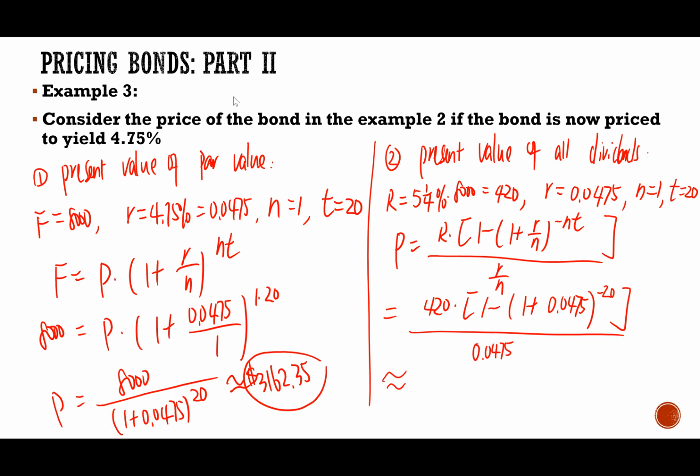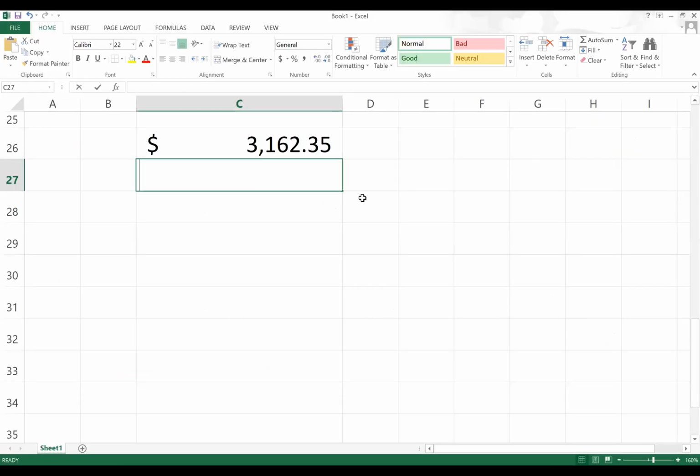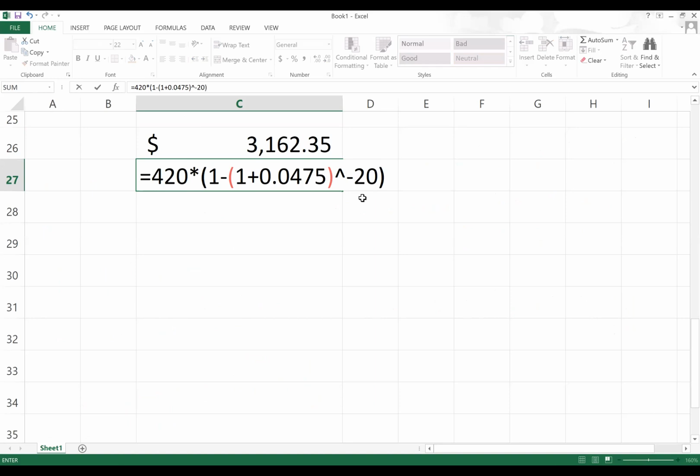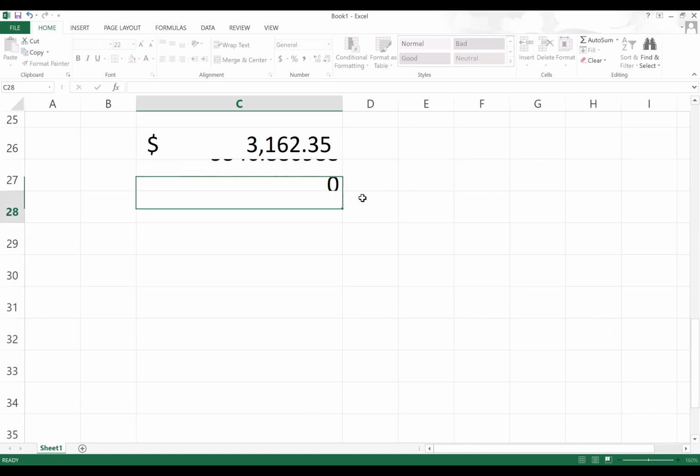Okay, so let's go back here. It's 420 multiplied by 1 minus 1 plus 0.0475 raised to the negative 20th power, close it. That's the numerator, and divide by 0.0475. That should do it.